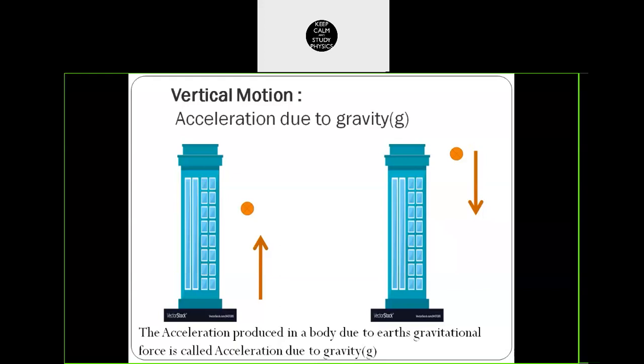So my question is very straightforward. When you throw a ball vertically upwards, the velocity decreases. Yes or no? Yes, agreed.